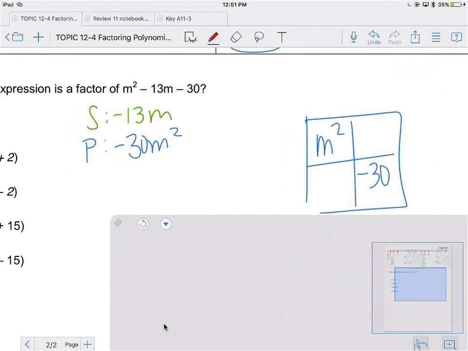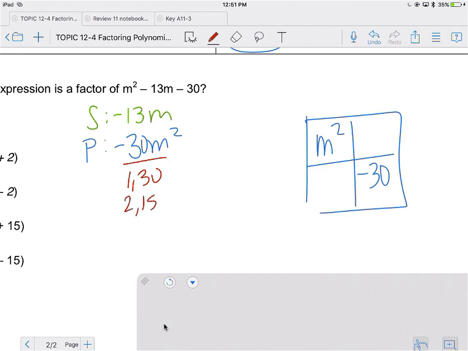Factors of negative 30 are 1 and 30, 2 and 15, 3 and 10, 4 does not work, 5 and 6 multiply to 30. In order for these to add to a negative and multiply to a negative, the bigger number will have to be negative. And now when I add, I'm looking for something that adds to a negative 13.